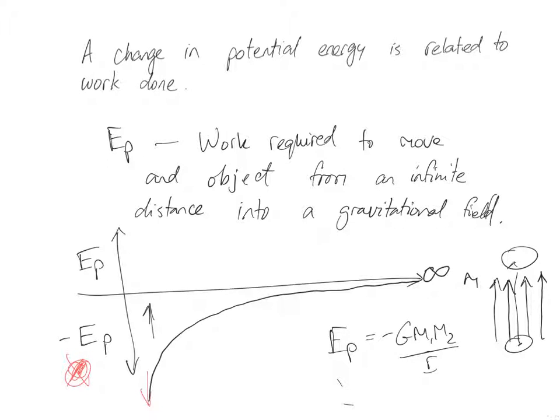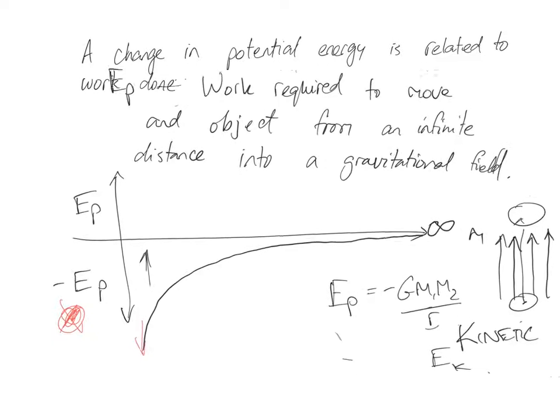The object's potential energy is released and it turns into kinetic energy, the energy of moving objects. So kinetic energy and potential energy are linked. As you move an object further up against a gravitational field, you're adding energy to it. You're lifting, you're putting work into moving it away.